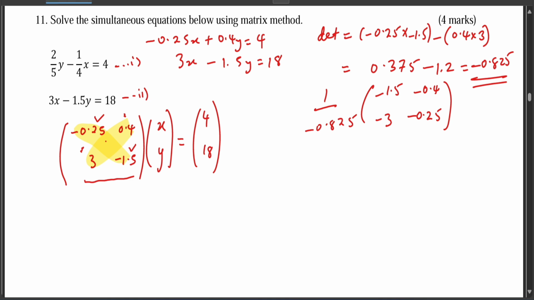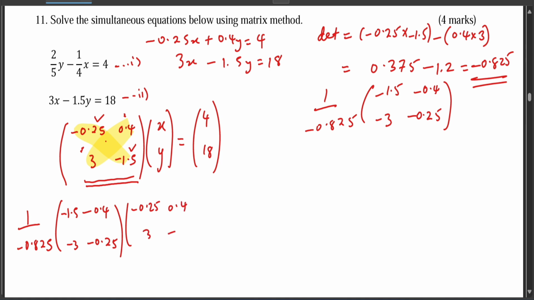Okay, so usually if you take your inverse multiplied by the matrix itself, at the end of the day it gives you 1001. So if I take 1 over negative 0.825 multiplied by this one, multiplied by the matrix, and then since you have put the inverse on the left side, you also write the inverse on the right side.